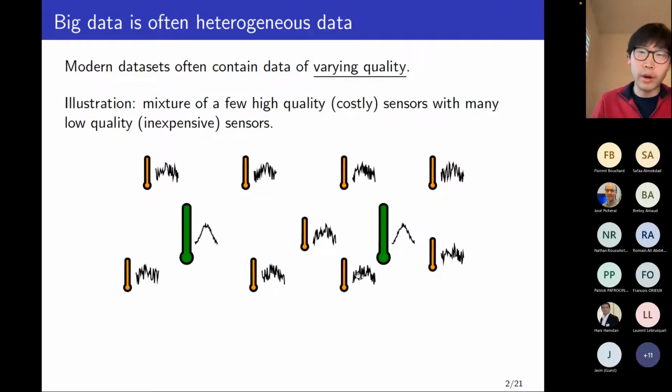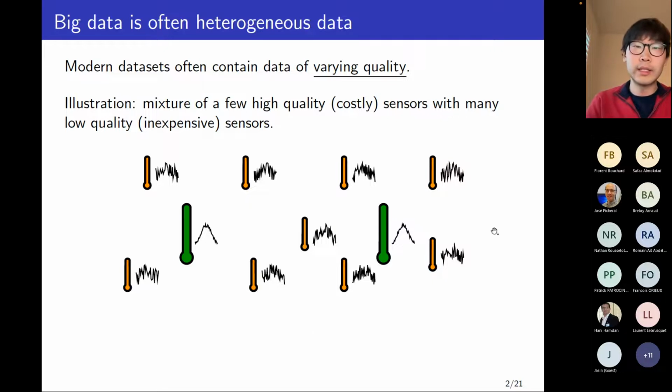You might have a few high quality ones, maybe government maintained instruments, and only a few of those because they're very expensive. At the same time, you might have a lot of really inexpensive sensors, maybe household ones scattered throughout the city. They're all measuring the same underlying phenomenon, but the measurements from the high quality sensors are going to be less noisy than the measurements from the low quality sensors, even though they all have the same pattern: it gets warmer during the day and then cooler in the evening.